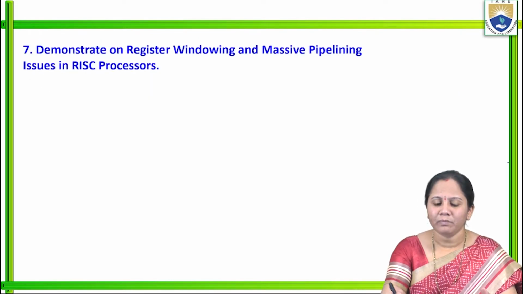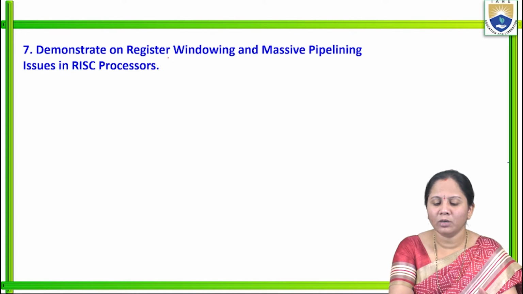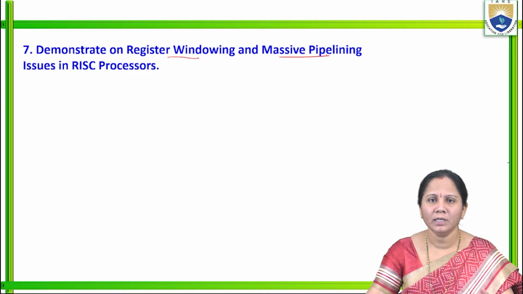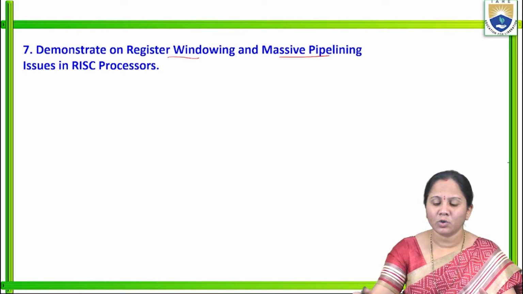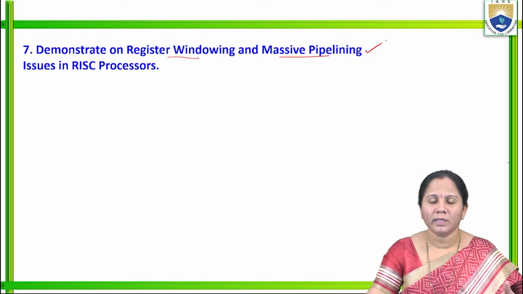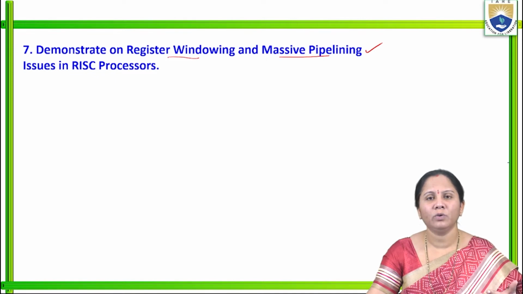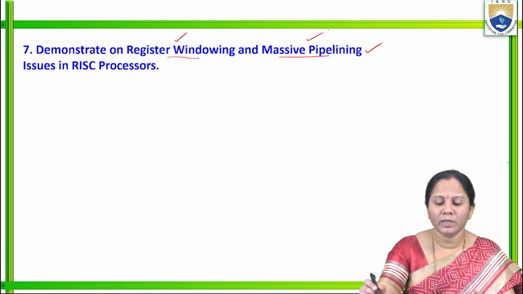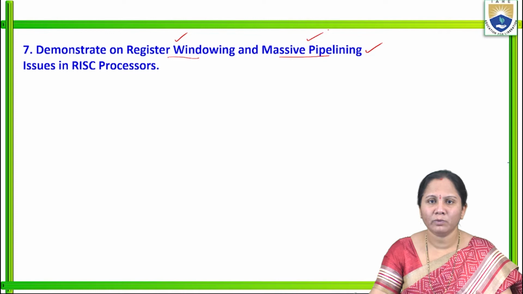Now, demonstrate register windowing and massive pipelining issues in RISC processors. These are the two pipelining issues that occur during RISC processors. In RISC processors, we have register windowing, massive pipelining, and some other issues also. But here, about register windowing and massive pipelining, we have to say what the issues are.